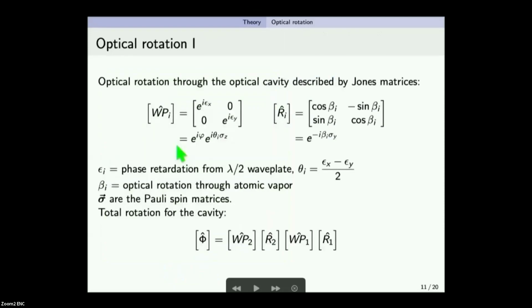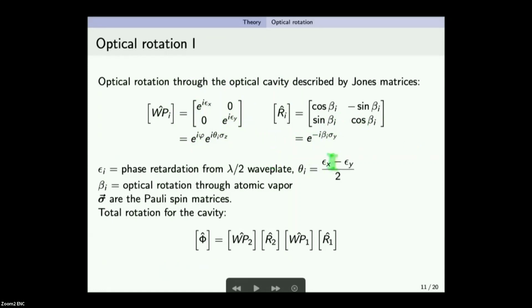So we did this sort of modeling doing Jones matrices. And these are just the operators that you would do to do the math of it. But one thing I want to emphasize here is how we can write these in terms of Pauli spin matrices. So we can define the wave plate operator in terms of a Z Pauli spin matrix and the Faraday rotation in terms of a Y Pauli spin matrix.